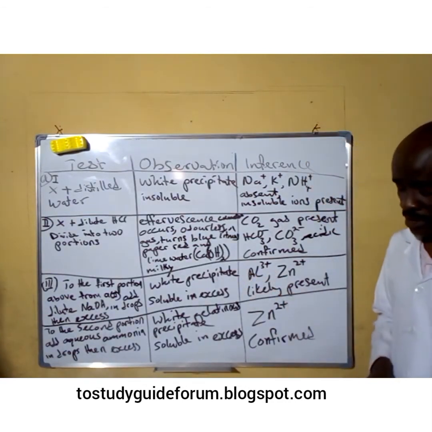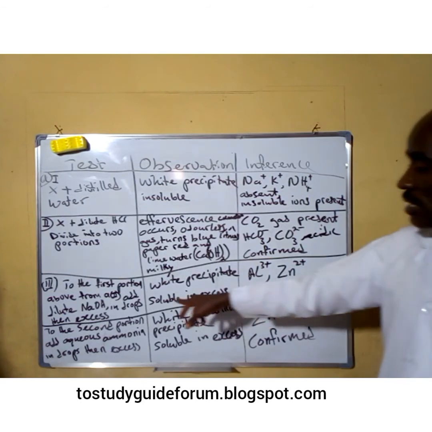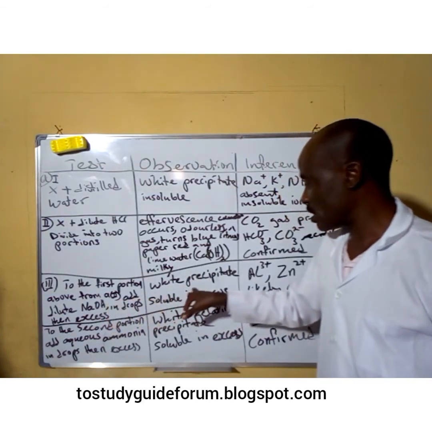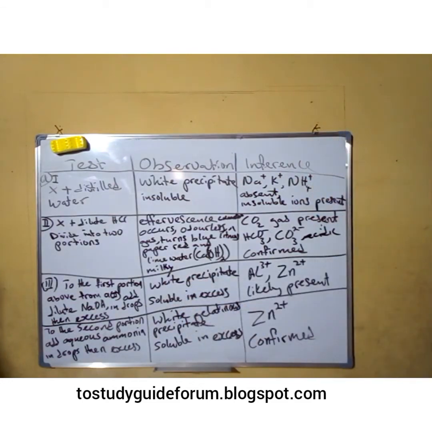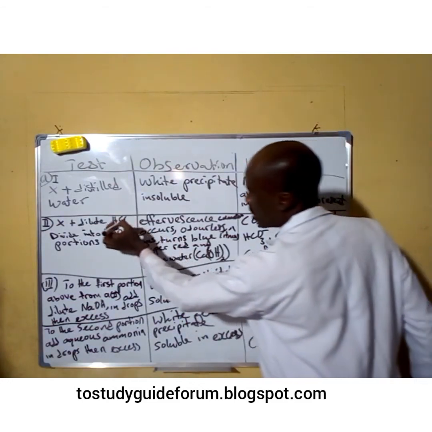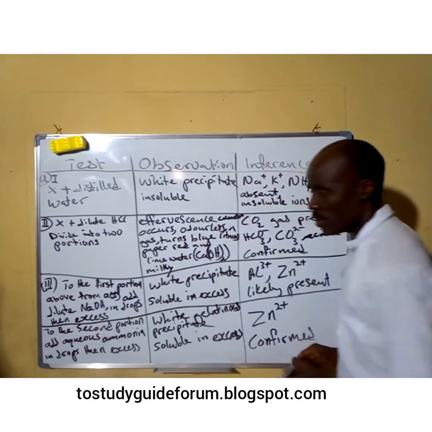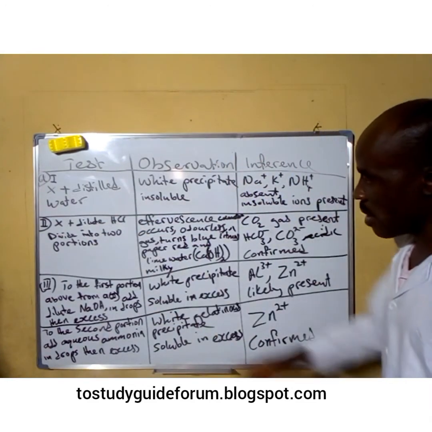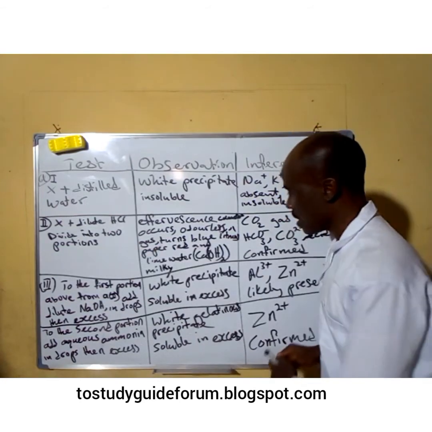Now note, lead shows the same precipitate whenever sodium hydroxide is added. But for the fact that we added hydrochloric acid here, we know that lead chloride is not soluble. And we have a soluble solution here, meaning that lead is not present.